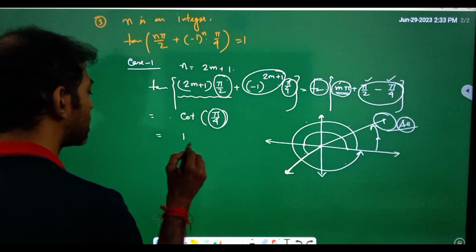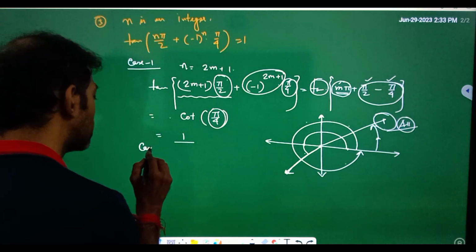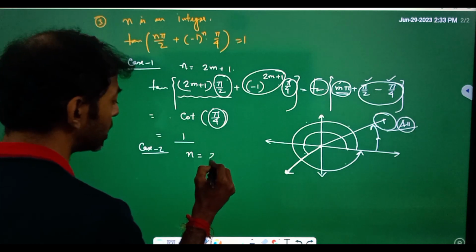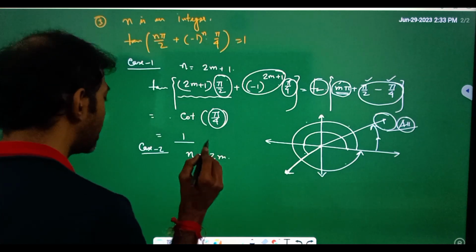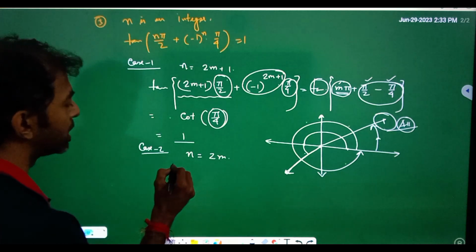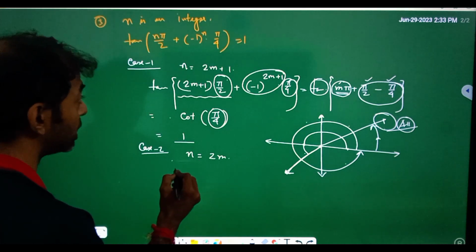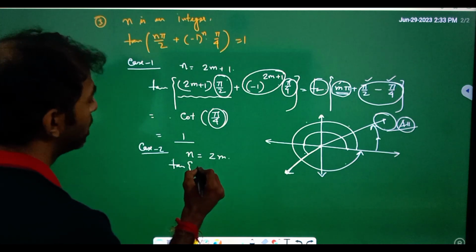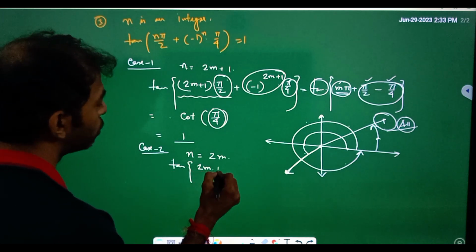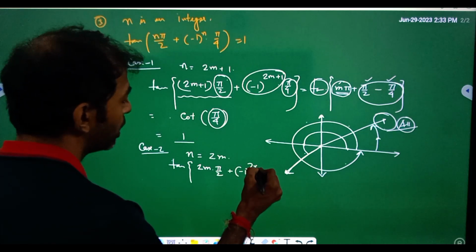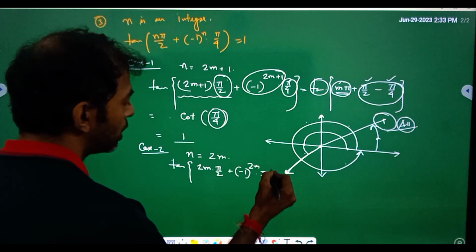So that's our first case, and in the second case I'm considering m as an even integer, that is 2m. For any value of m, that will be an even integer. Now if n is an even integer, the total expression will be tan(2m into pi by 2 plus (minus 1) to the power 2m into pi by 4).